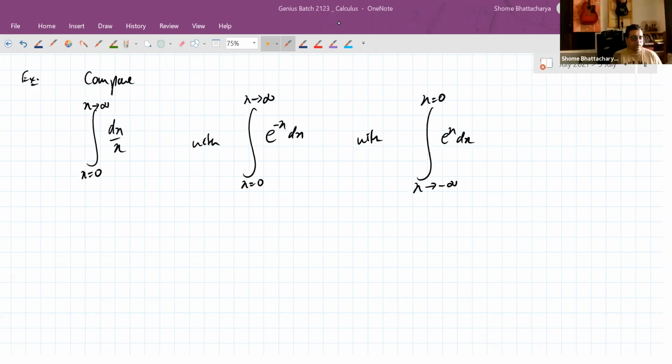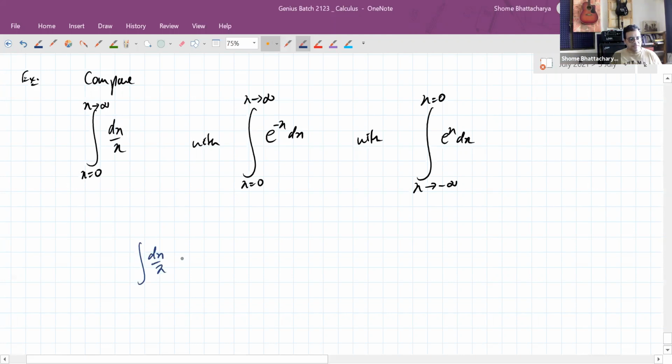Okay, so you will realize that with the first integral, you have a huge problem because neither ln 0 is defined, nor ln infinity is a finite quantity. If you remember the ln graph, it's like this now.